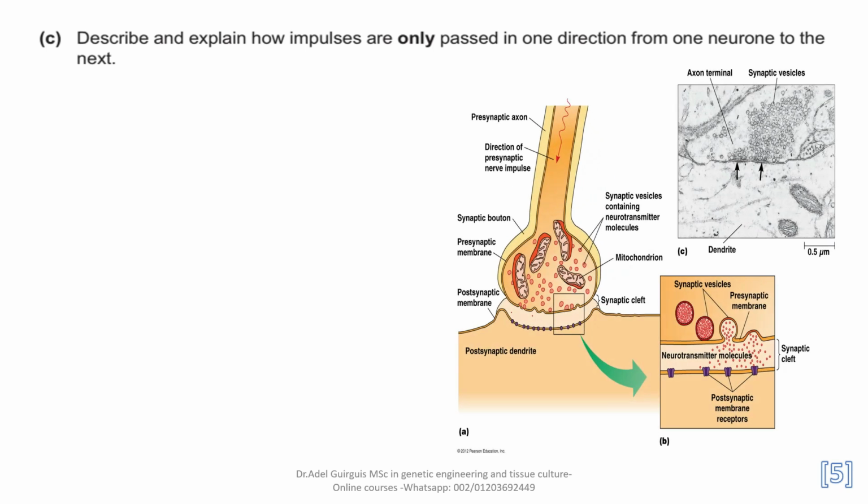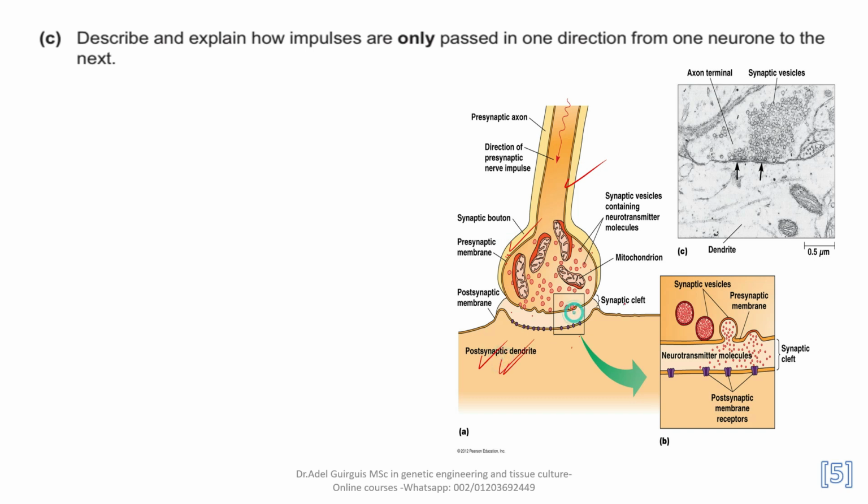Now describe and explain how impulses are only passed in one direction from one neuron to the next. Here we discuss something called synapses. This part is the presynaptic neuron, with a button swelling called a button, which communicates across a tiny space with another neuron, the postsynaptic neuron.